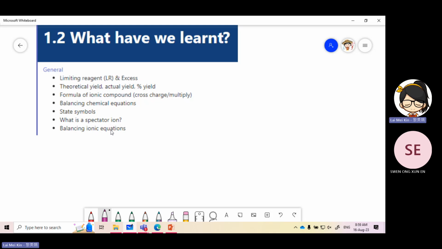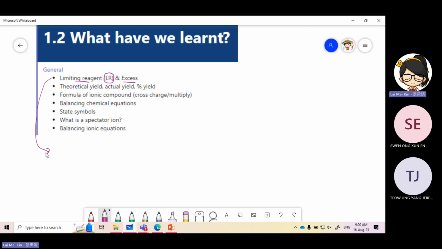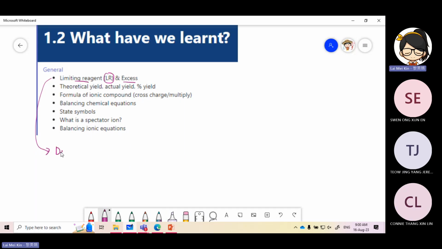All right, so as usual, let us recap what we have learned in our previous lesson. Yesterday we talked about limiting reagent, short form LR, and excess reagent. So what do you remember about limiting reagent? Any points? Okay, it determines the yield, how much product is being formed.